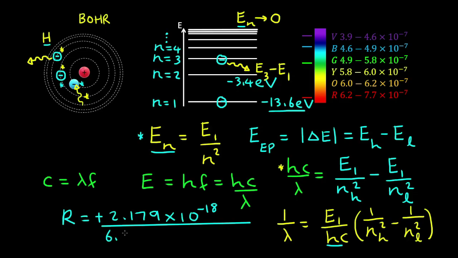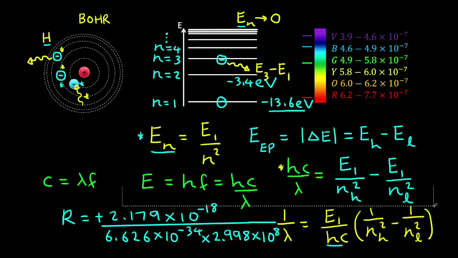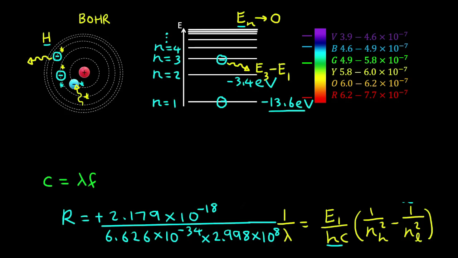So we had Planck's constant was 6.626 by 10 to the minus 34 joule seconds, and multiply by the speed of light in a vacuum, which is 2.998 by 10 to the 8 meters per second. Now let's make a bit of room. So therefore Rydberg's constant is around 1.097 by 10 to the 7 meters to the minus 1, which you can verify using the appropriate units.